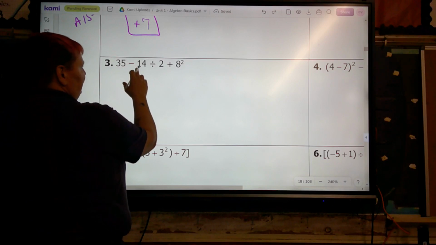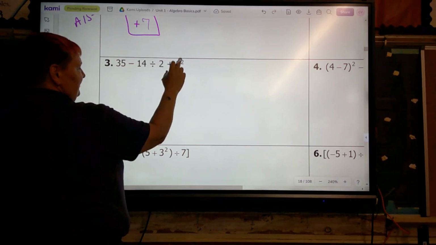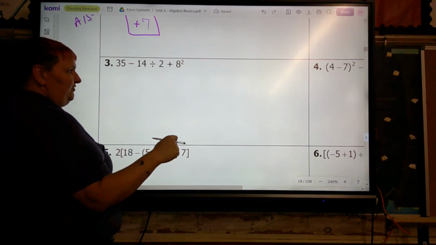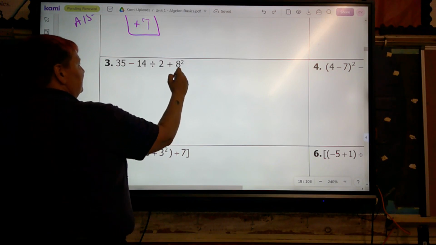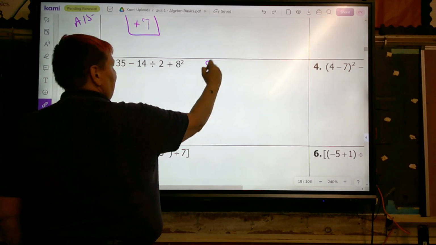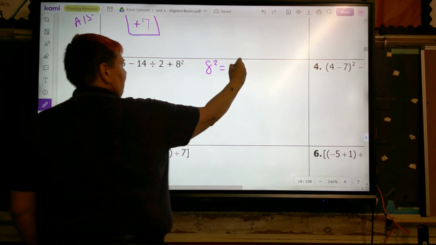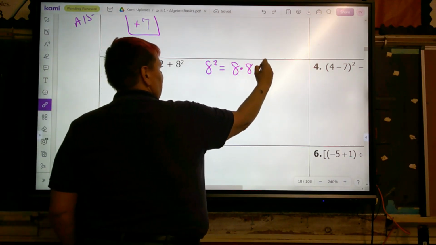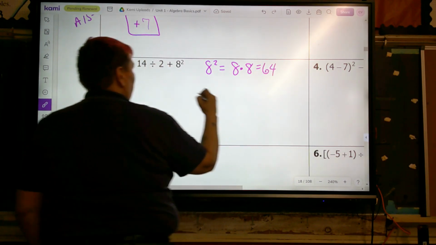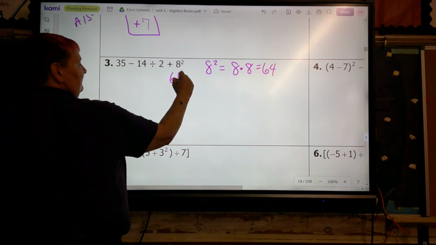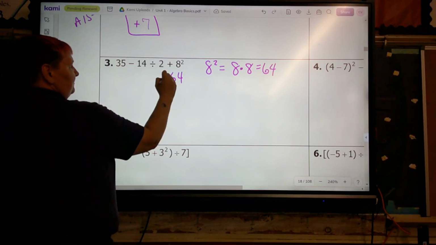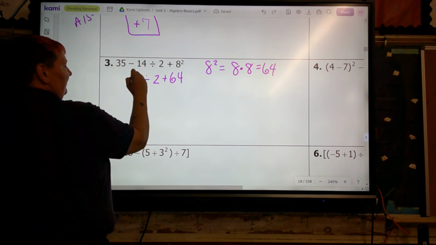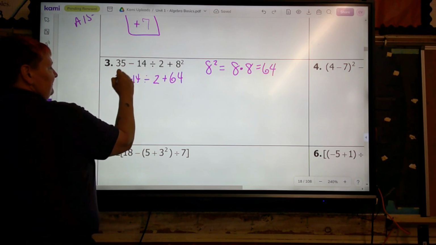Positive 35 minus 14 divided by 2 plus 8 squared. Exponents come first. This 8 squared is 8 times 8, which is 64. Alright, so 64 plus 2 divided by negative 14, 35.